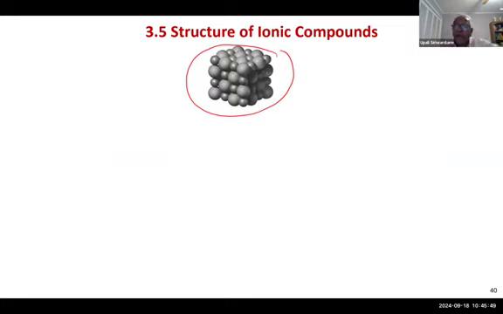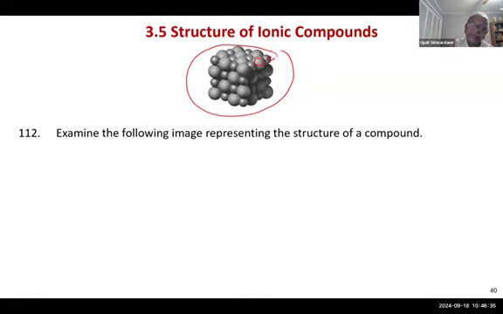Ionic compounds have ionic view. The chloride ions are bigger because they gain electrons. These bigger ions are chloride. These smaller ions are sodium. Normally, ionic compound is a collection of ions packed in a crystalline lattice. These are crystal structures of ionic compounds. That's how you show in a picture. So there are certain arrangements certain ions make.